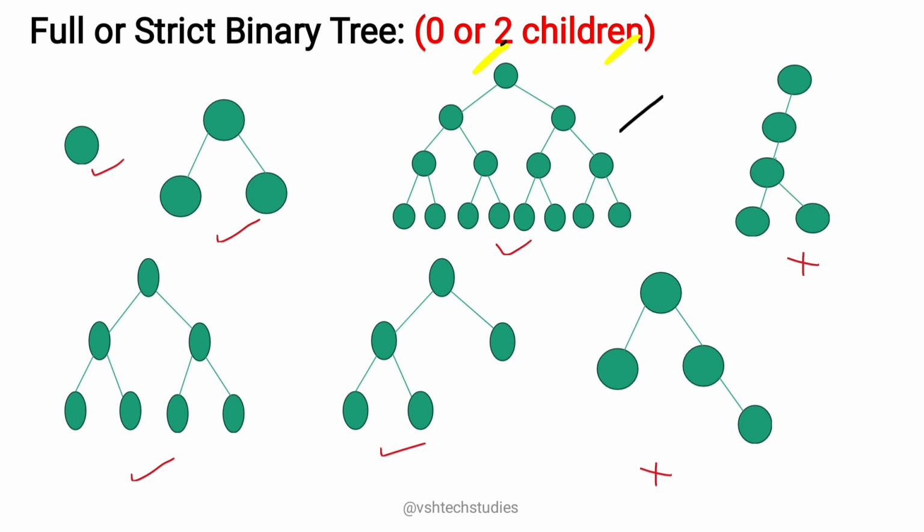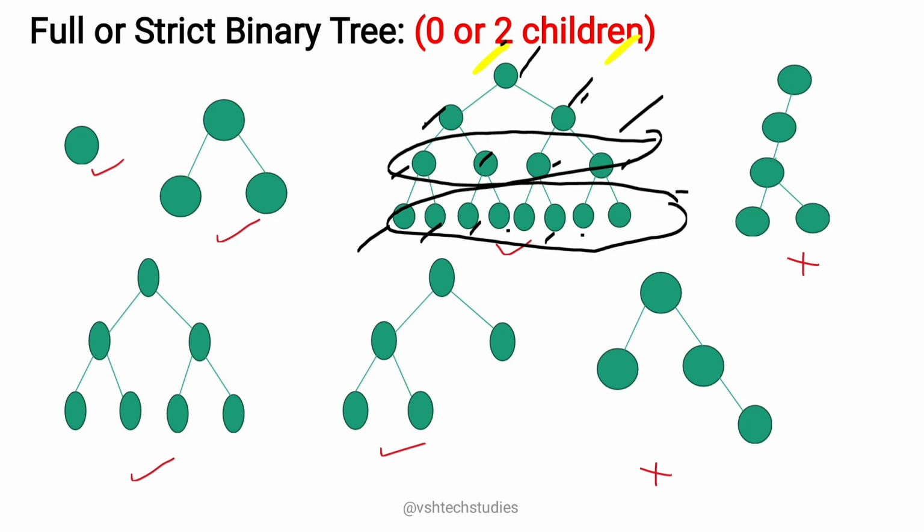Next, this tree, if you consider any node, this node has 2 children. These 2 nodes have 2 children each, and all the nodes in this group have 2 children each, and all the nodes in this group have 0 children.